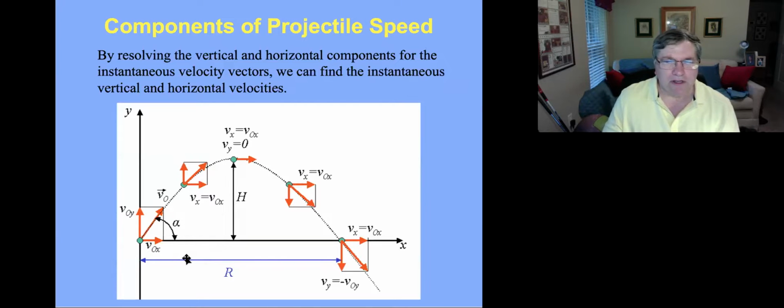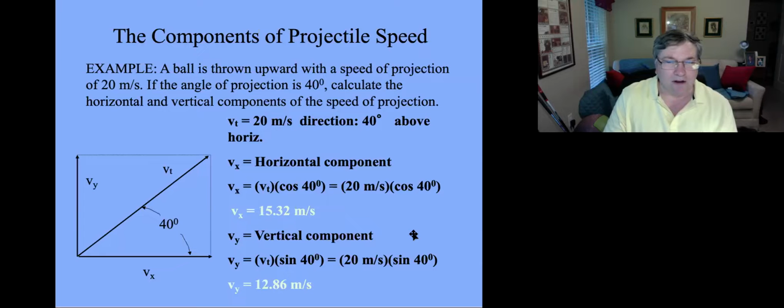So again, when we resolve the x and y vectors for a projectile, that y vector is going to change at a constant rate, and the x vector doesn't change actually at all.